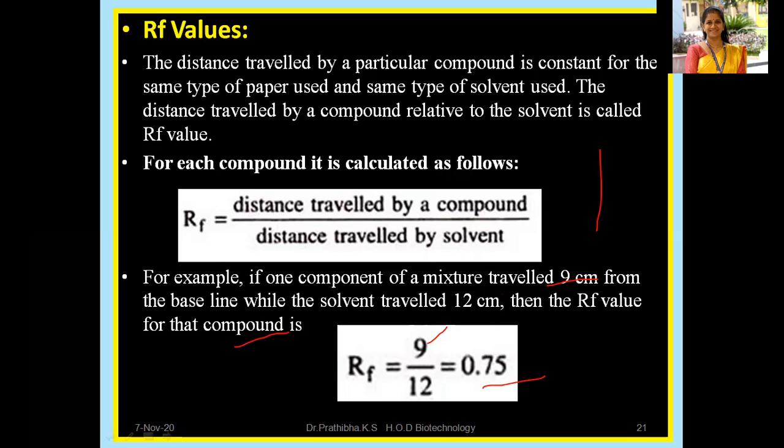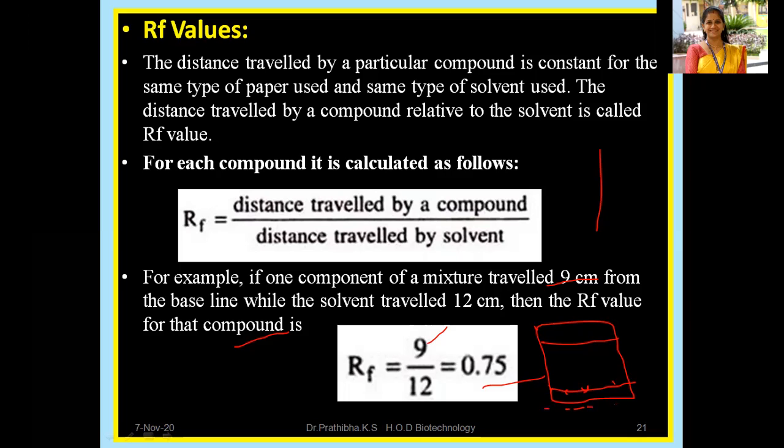When you take a chromatographic paper, your particular sample travels for how long, you are going to measure. For example, if this is the paper, here you have marked for the sample, and for the solvent also I have marked. Solvent should not go beyond the chromatography, right? So after spotting here, this particular spot will be taken by the mobile phase.